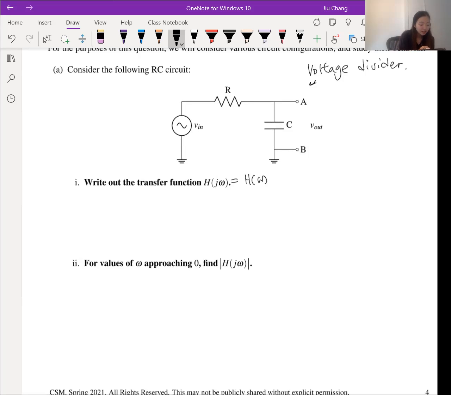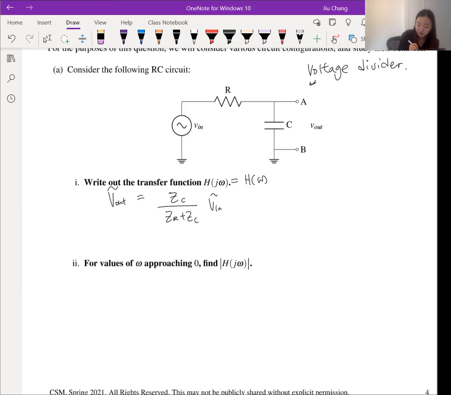So we use our voltage divider equation that we are comfortable with, where the voltages are replaced with the phasor versions and the resistances are replaced with the impedances.